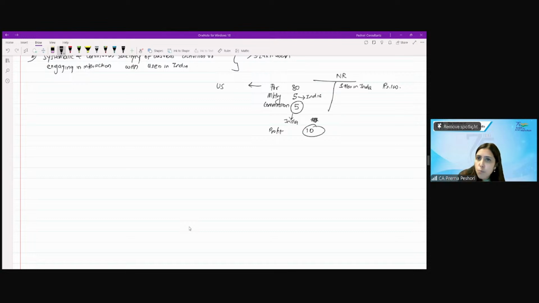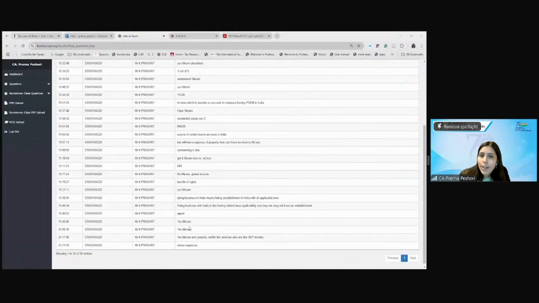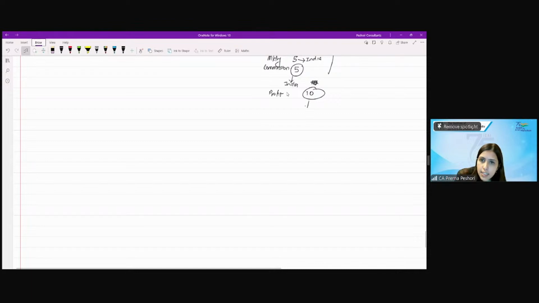Only that much portion of 10 will get taxed which is attributable to operations carried out in India. Are all the operations carried out in India with respect to 10? The answer is no. What are the operations carried out in India? Only marketing and the sales function, right?